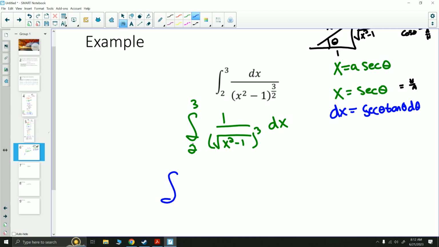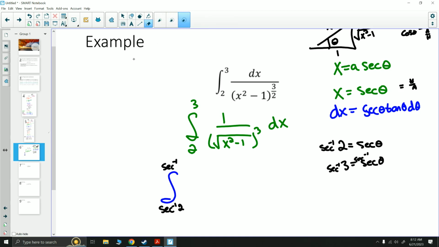So if x is secant theta, then our x here is 2. So when 2 is secant theta, then what would theta be at that stage? Well, secant inverse of 2. Same thing, if we have 3 as secant theta, then we'd have secant inverse of 3 to get theta, if we're changing these into thetas.